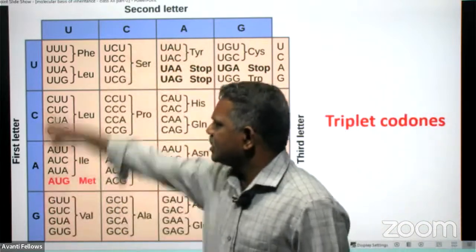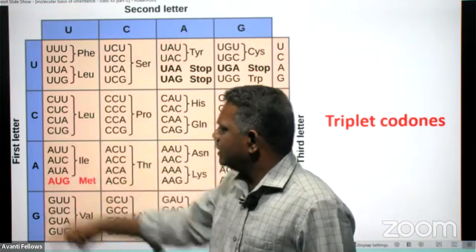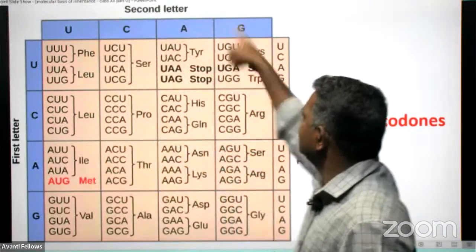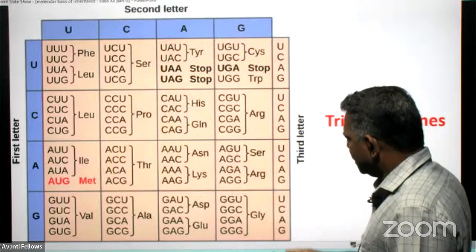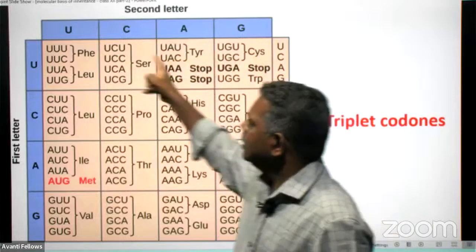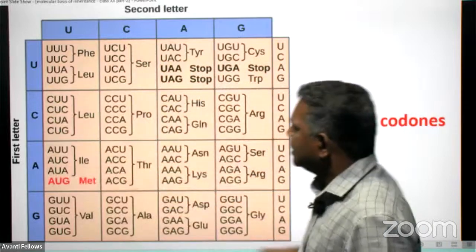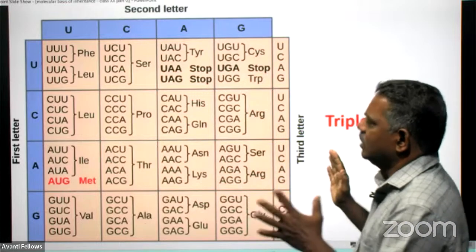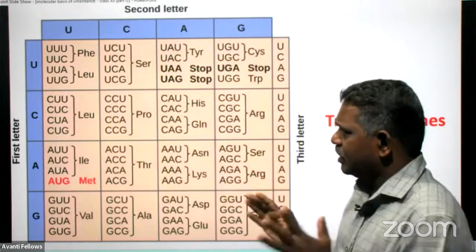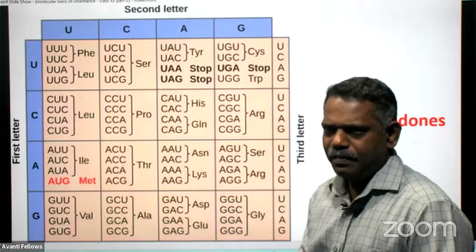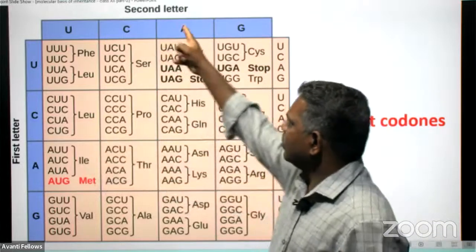This is the first letter UCAG, this is the second letter UCAG, and this is the third letter UCAG. With this we prepared this table showing all the different types of triplet codons, 4 into 4 into 4.